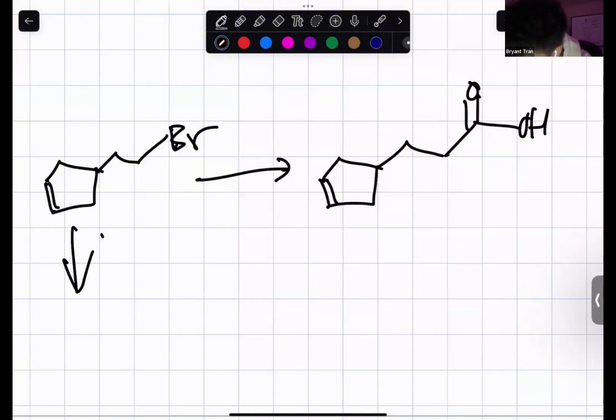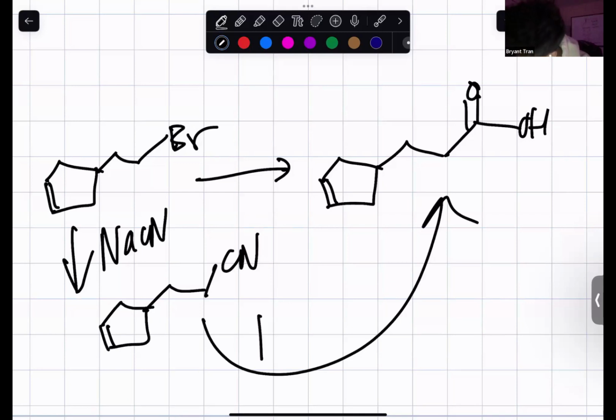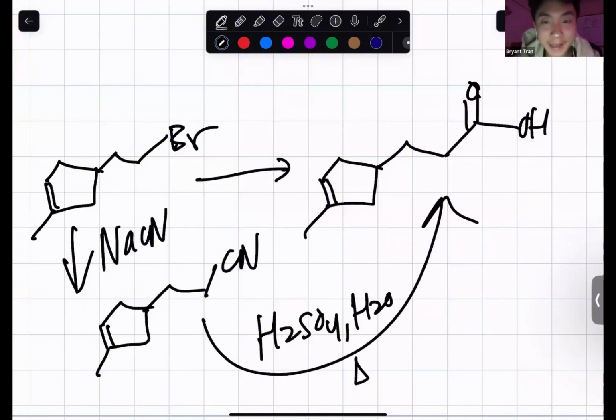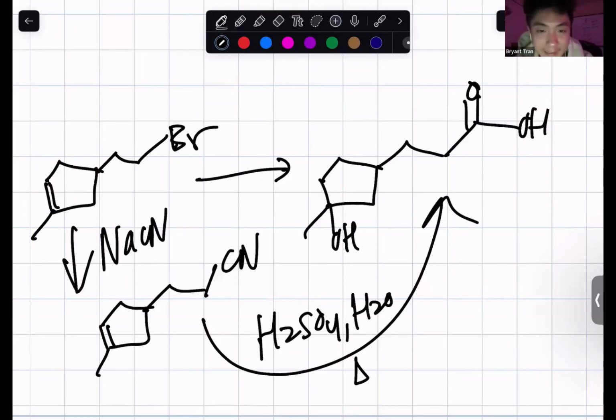If we try doing the NaCN route, like NaCN to convert the bromine into nitrile, and then we want to do hydrolysis with H2SO4, water, and heat, from 118B, the alkene would also react with the acid and water to do a Markovnikov addition of an alcohol, like that.